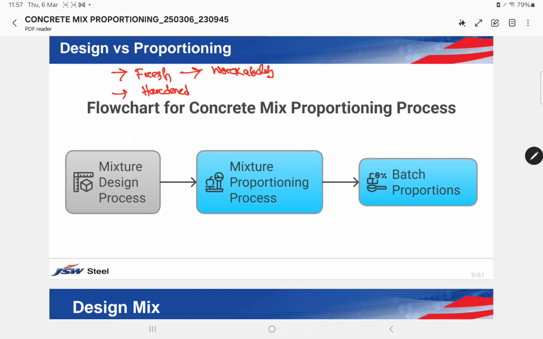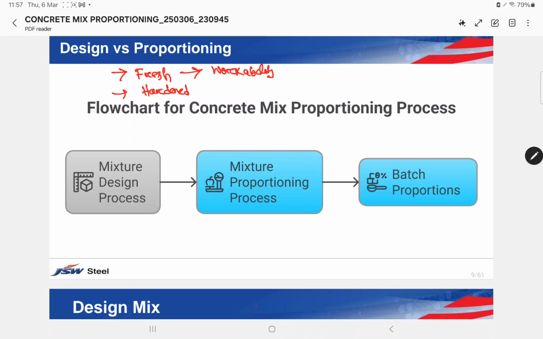For example, if we are planning to do our concreting by a boom placer, then we need the required workability in terms of slump, 150 or 120, or if you are using a chute, that needs a different level of workability.